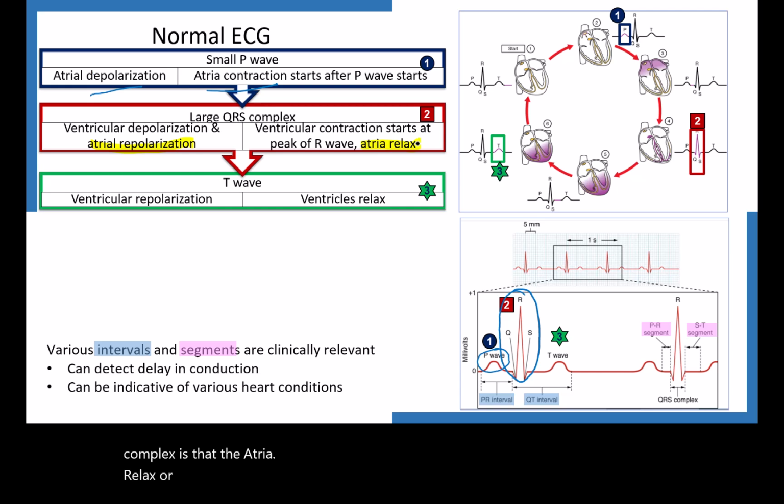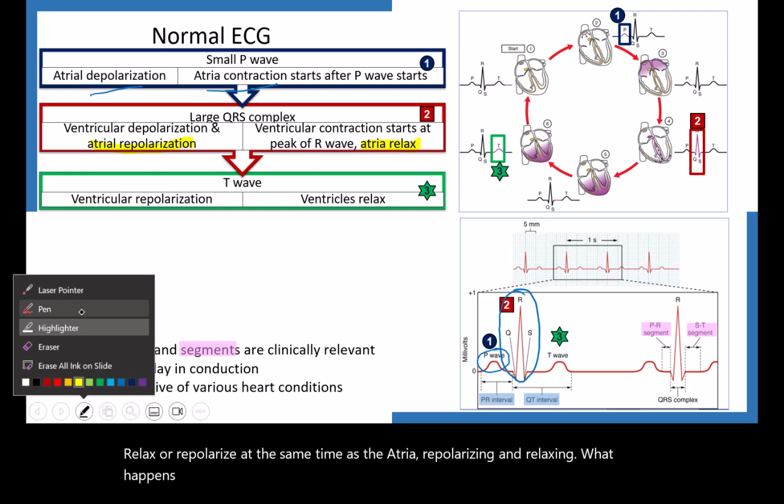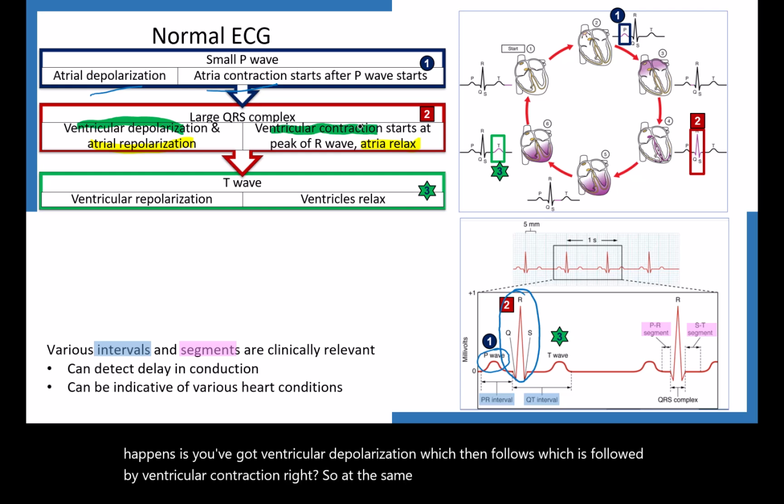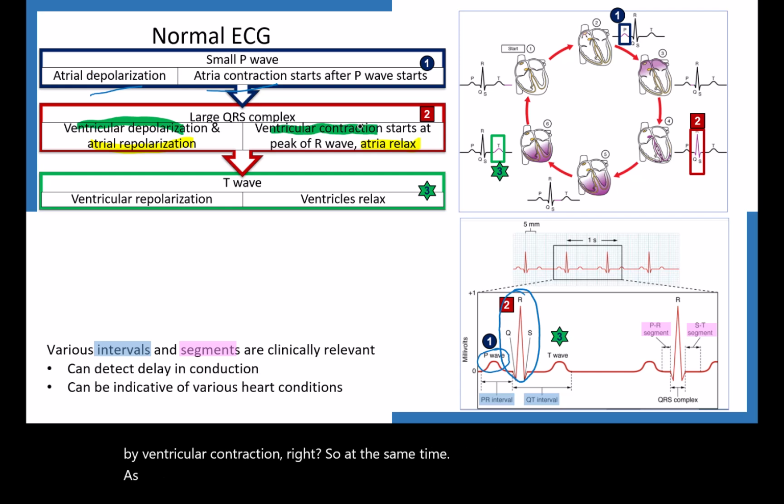At the same time as the atria repolarizing and relaxing, you've got ventricular depolarization, which is followed by ventricular contraction, right? So at the same time as ventricular contraction happening, the atria relax.